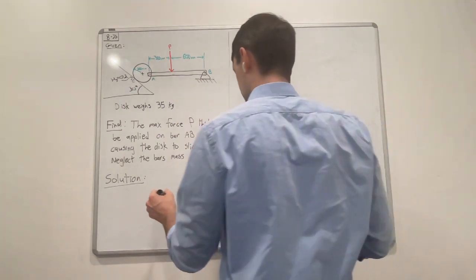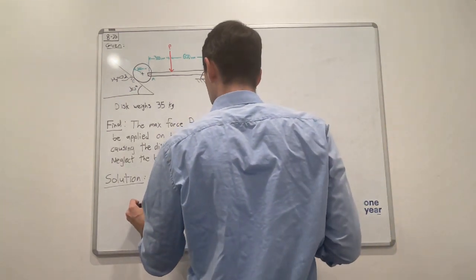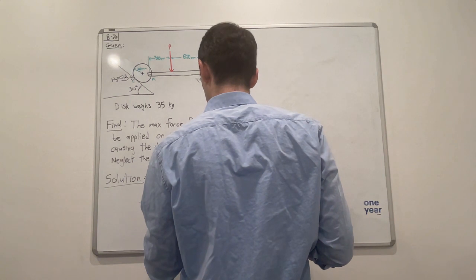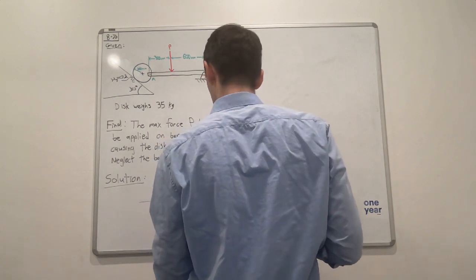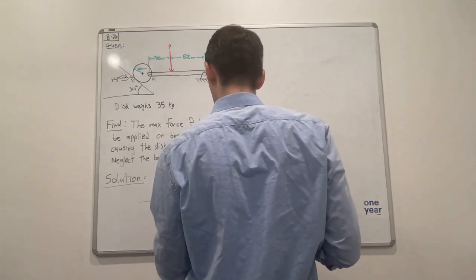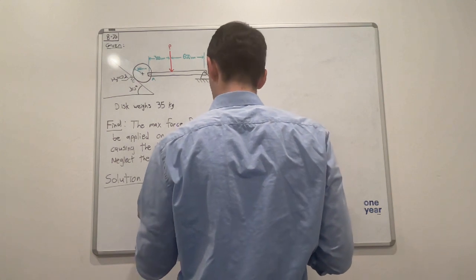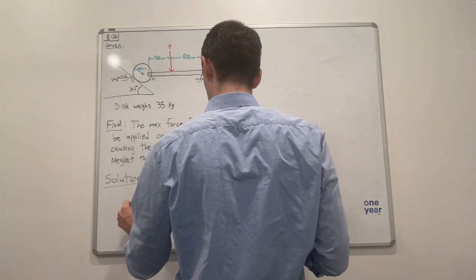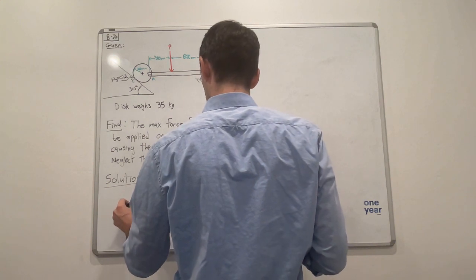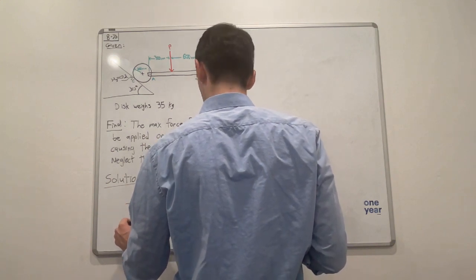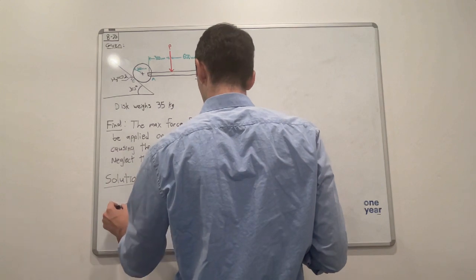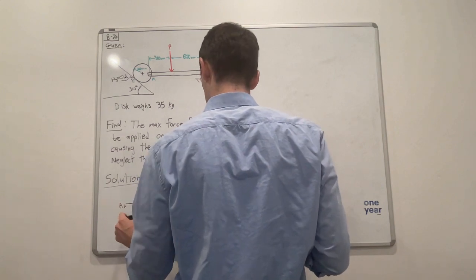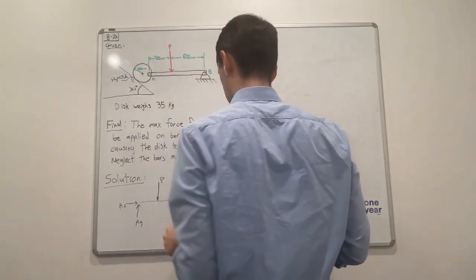So I'm going to draw a free body diagram of bar AB. And bar AB has a force By, has a force Bx from that pin. It has this force P, and then there's this pin that is going to give you AY, AX right there.